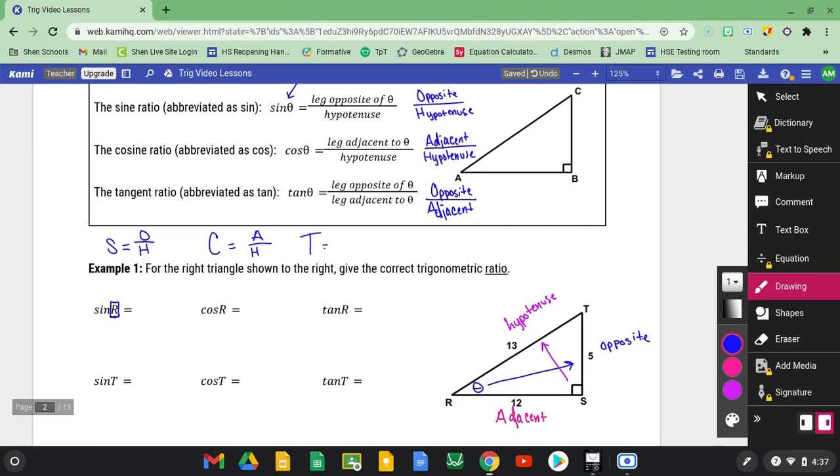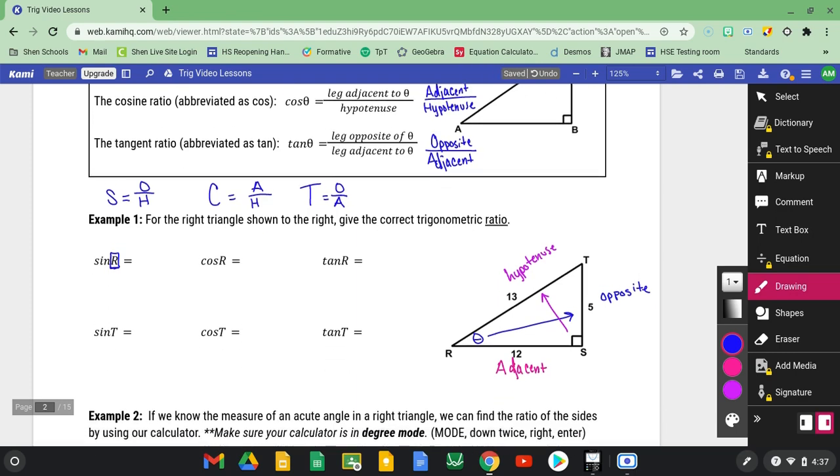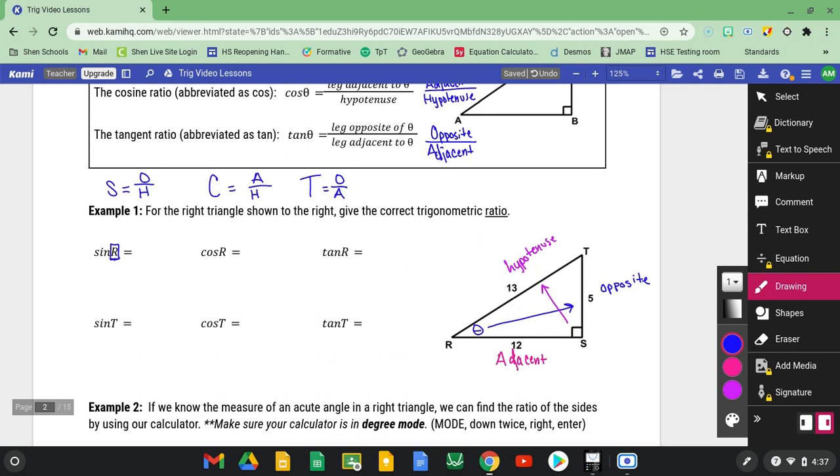Some other teachers like to write it as the ratio, which is also really helpful. So sine is O over H, or opposite over hypotenuse. Cosine is A over H, and tangent is O over A.